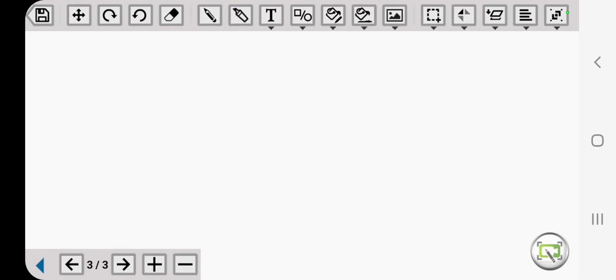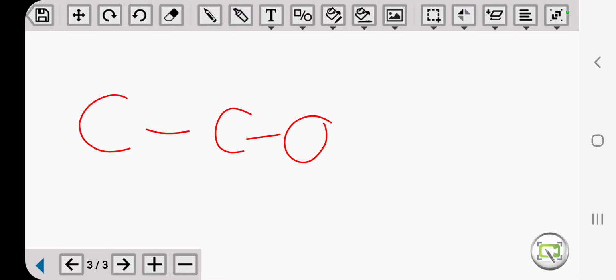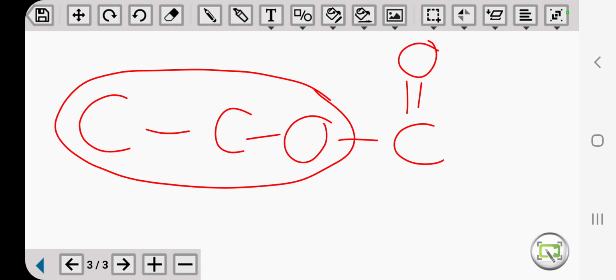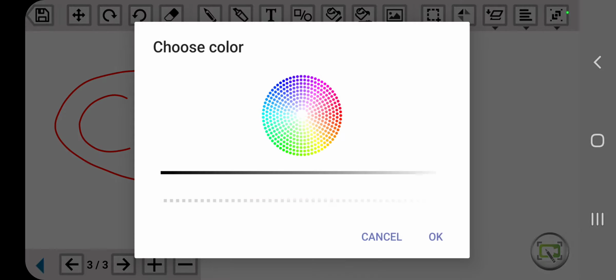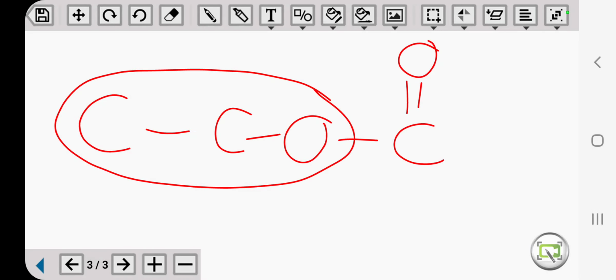Okay, so we have, for example, C, C, O, C double bond O. Okay, what is happening here? The first part connected to the single bond O is formed coming from an alkyl group that combines with a carboxylic acid.